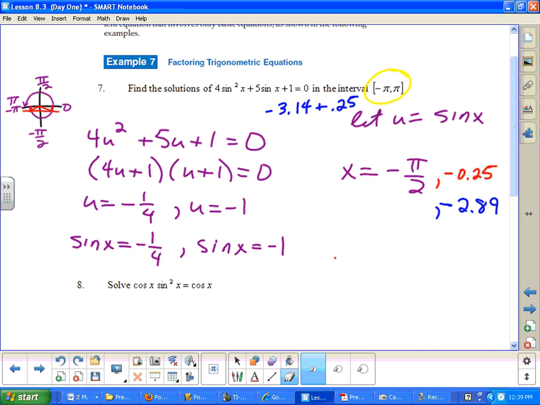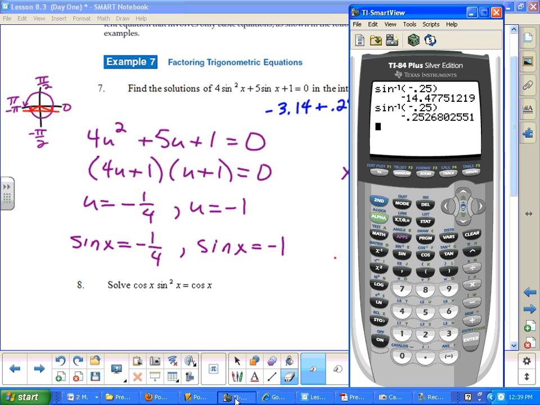Now, we're going to solve this by factoring, but if I absolutely had to, with no other choice, if I had a calculator in hand, which you're going to need anyway because you don't know when sine equals 0.25.